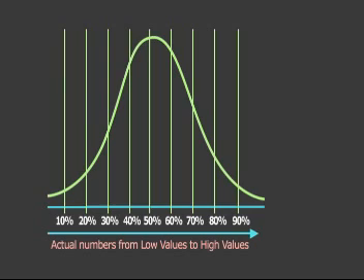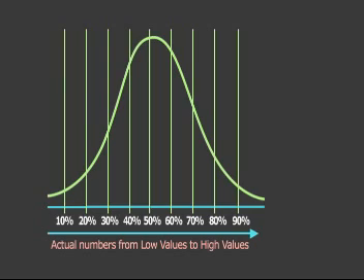The first decile cuts off the lowest 10% of data, the 10th percentile. The fifth decile cuts off the lowest 50% of data, the 50th percentile.